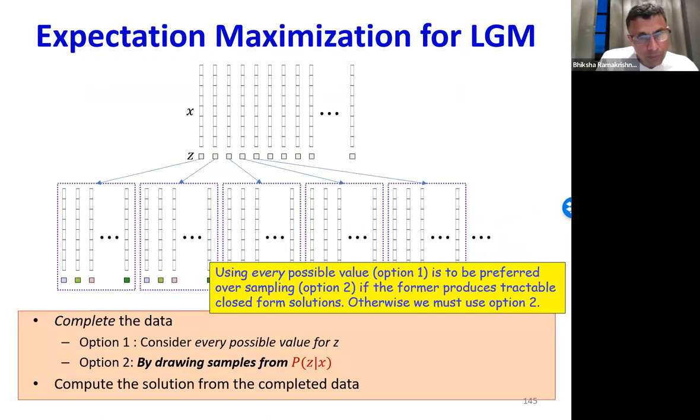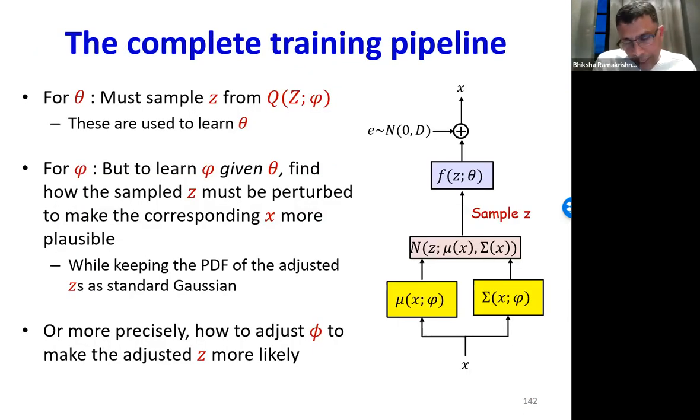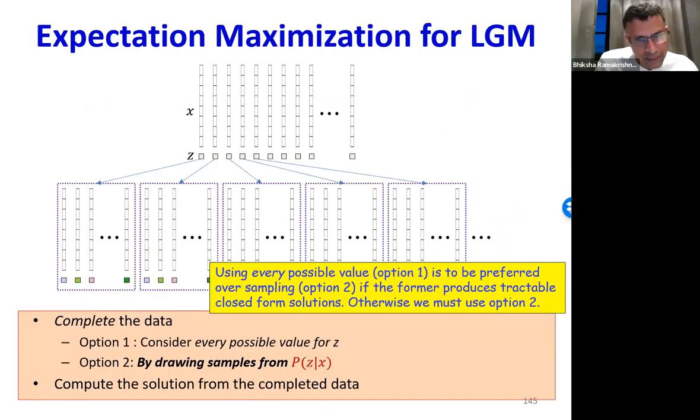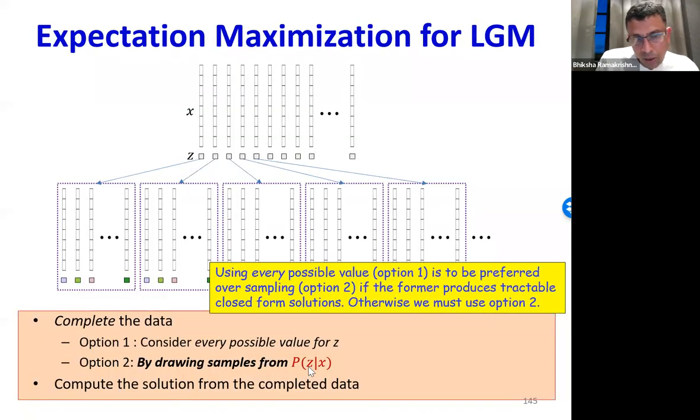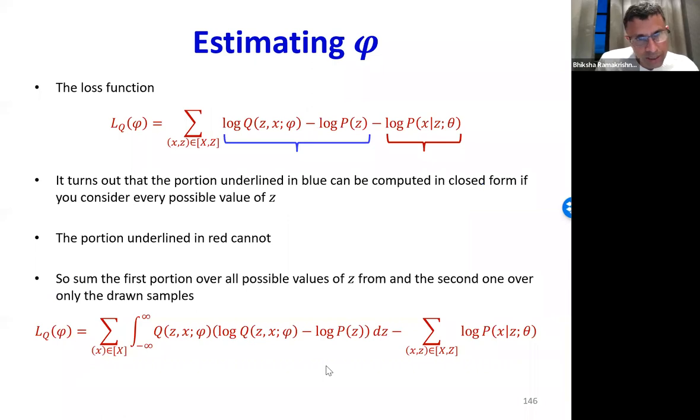And so to estimate the X, so the sample Z that you get, there are two ways of completing the data. You can complete the data using every possible value of Z or drawing samples, as we saw mentioned earlier, right? So it turns out that this portion of the formula can be computed in closed form if you consider every possible value of Z that you can sample. This portion cannot.